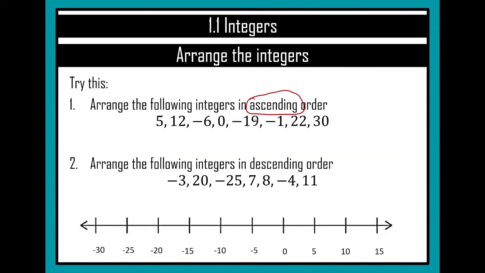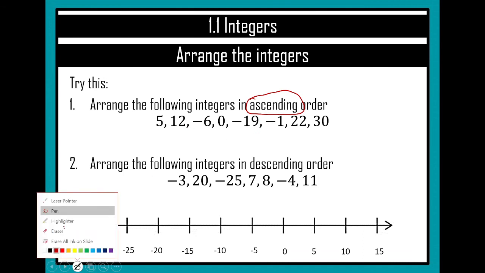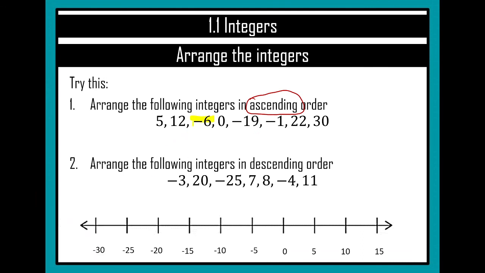So for the smallest values, because we have negatives here, we put the negative numbers first. Between negative 6, negative 19 and negative 1, if the number looks big, it means it is the smallest. So I'm going to put negative 19 first, followed by negative 6, negative 1. We only have 3 negative numbers.